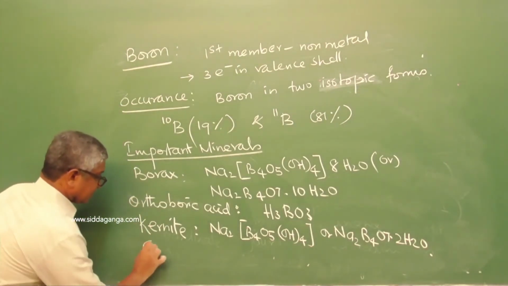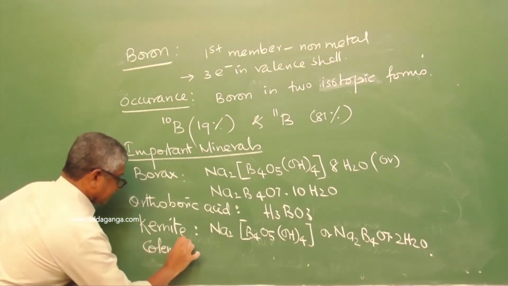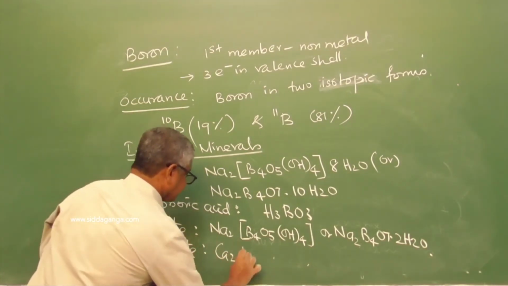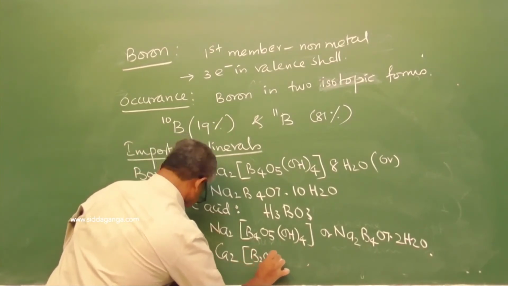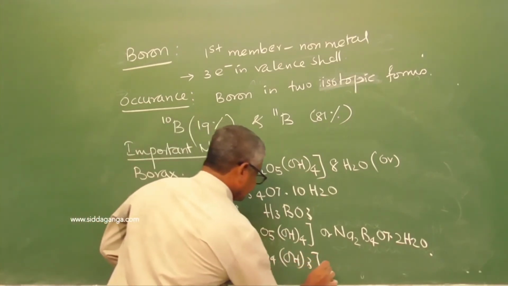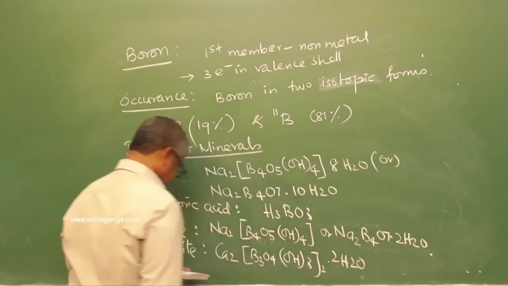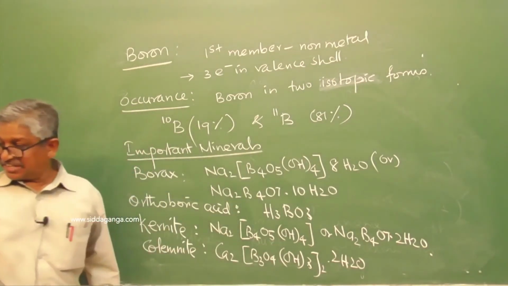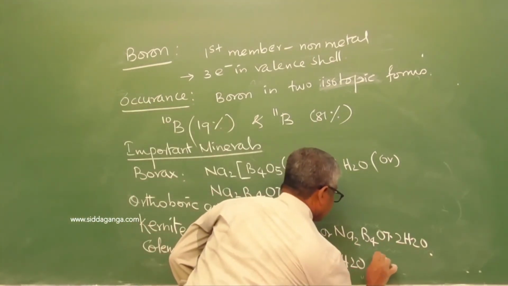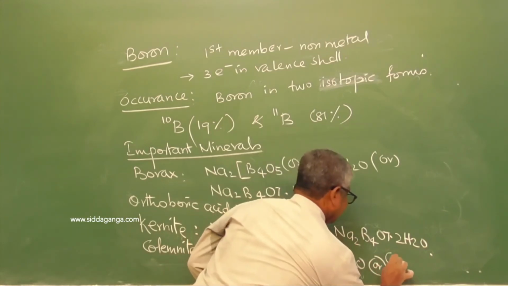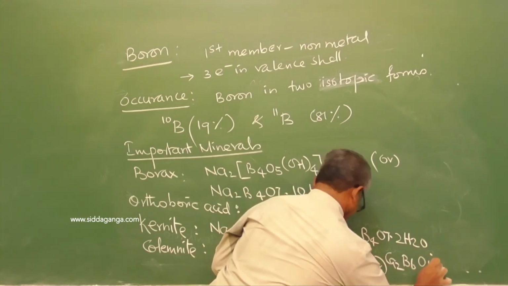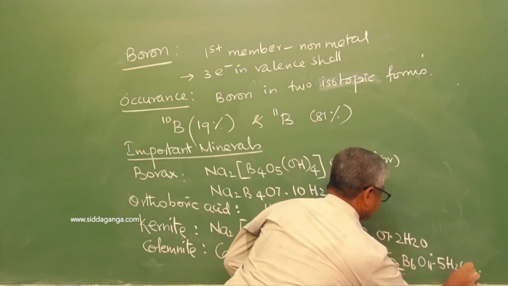Next, colemanite: calcium B3O4(OH)3 with H2O, or the same can be written as Ca2B6O11 with 5H2O.